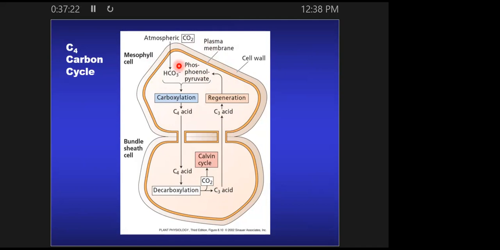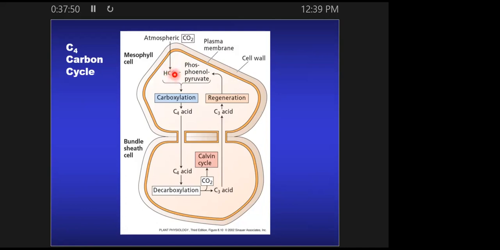All right, so what's happening is the C4 cycle, instead of having rubisco play a role in that, you don't have RuBP either. You have phosphoenolpyruvate. So CO2 comes into the mesophyll or the spongy parenchyma cell, reacts with phosphoenolpyruvate. Another way to express that is PEP. You can just write the abbreviation.